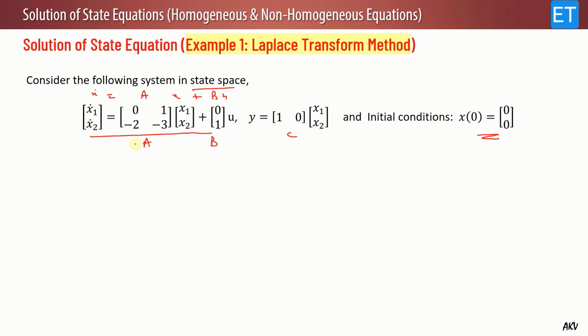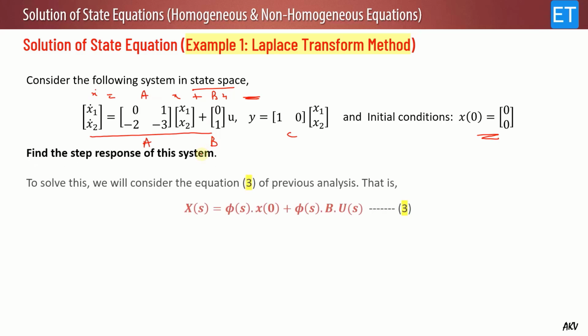So what I need to do now is solve this first equation, that is x dot equal to Ax plus Bu. When I solve this, I will get the value of x from it. So how to solve it? Again, I will go through this equation. That's why I said memorize this equation, because it is important. And now I'm asked to find the step response of this system.